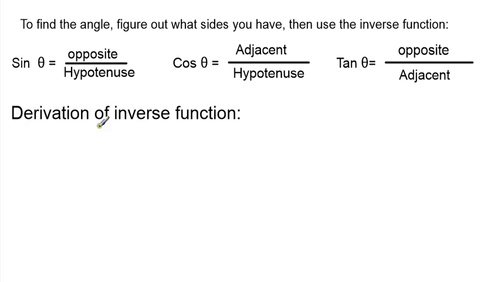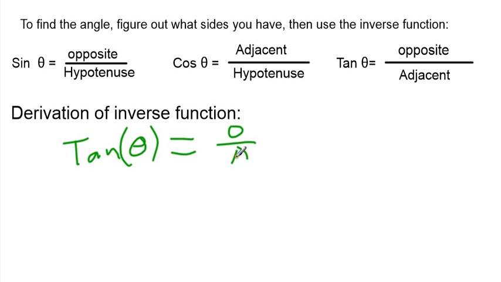All right, let me show you the inverse function. So to find the angle at the end, we need to figure out what sides we have for the x and y's, and then we use our inverse function based off of that. In most cases, you'll be using your tangent, but you don't always have to. Let's use the tangent as an example, though. So we have tangent of theta, and really this should be in parentheses to help you understand this, is equal to opposite over adjacent.